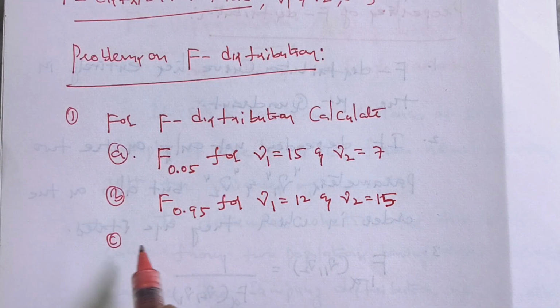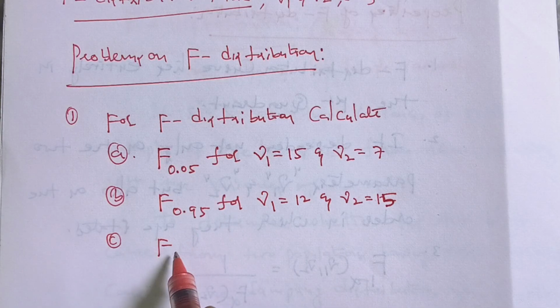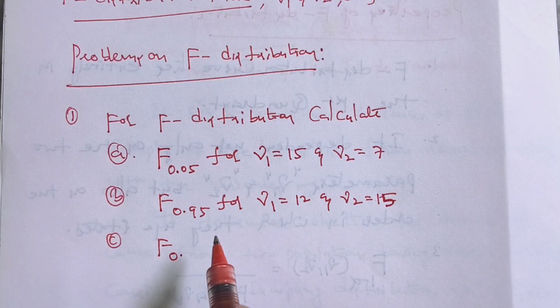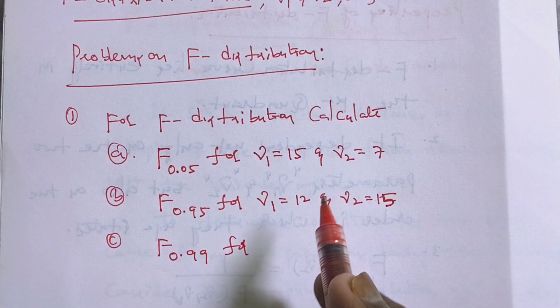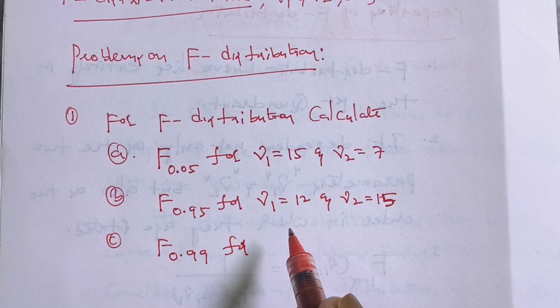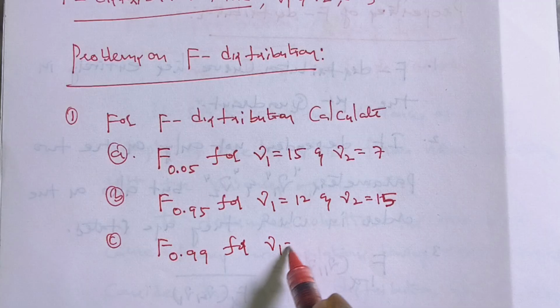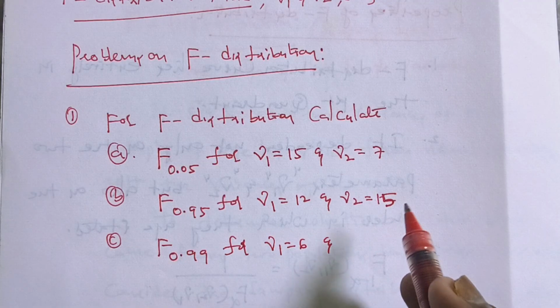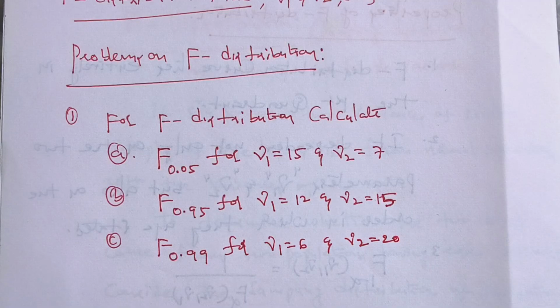Third problem C is F 0.99 for degrees of freedom nu1 equals 6 and nu2 equals 20.